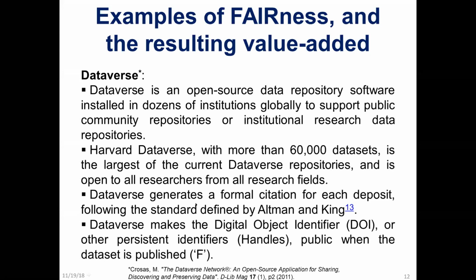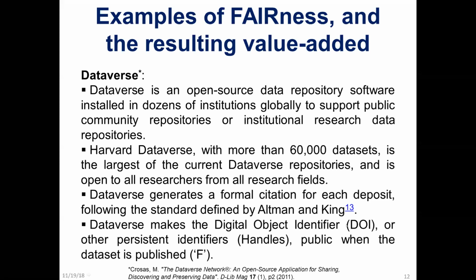But it generates automatically. You can make a copy, and then it comes with a link. They make sure that you make a citation for their data, for example, following the standard defined by Altman and King. This makes a digital object identifier.